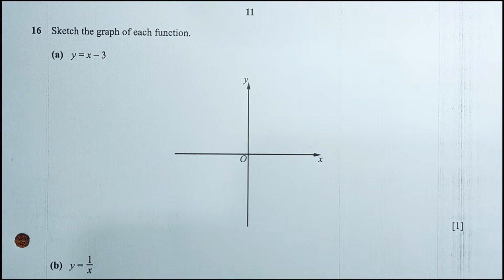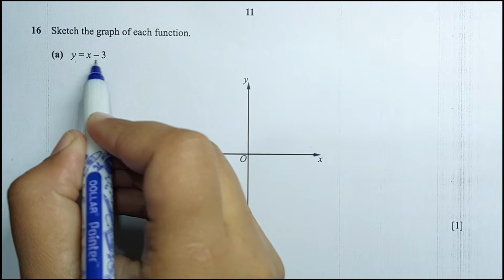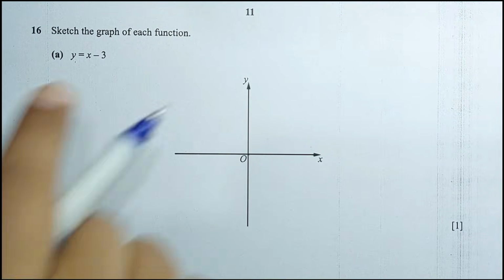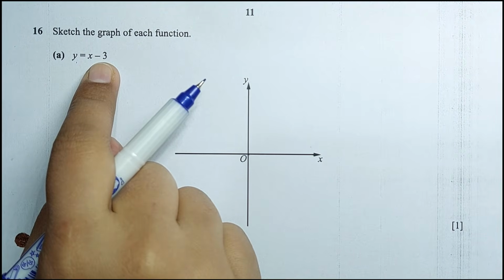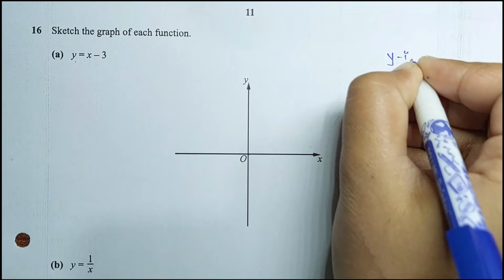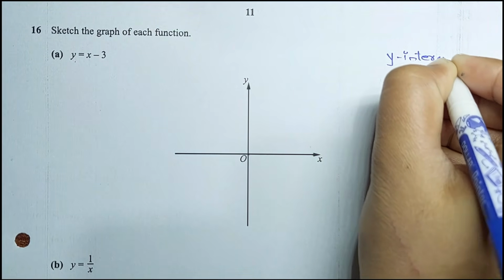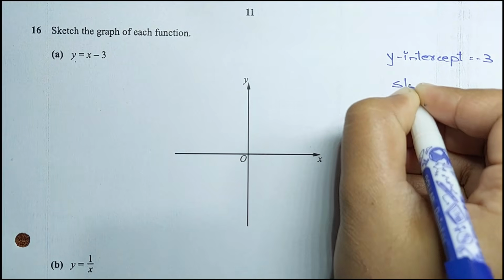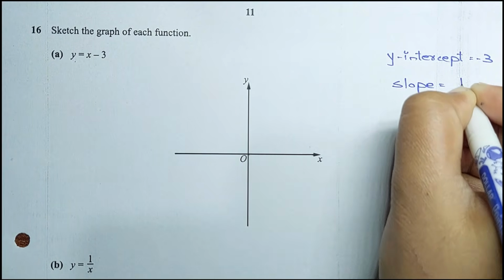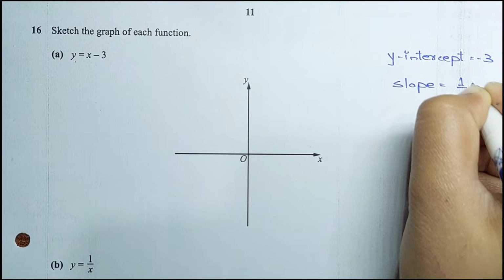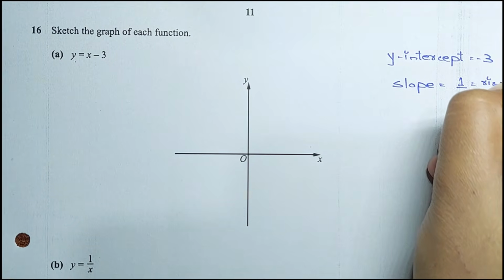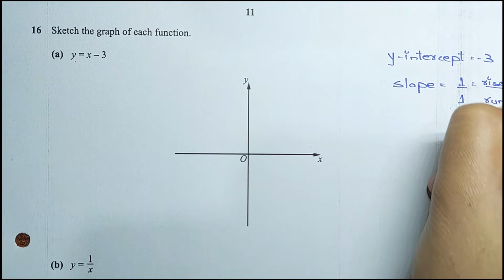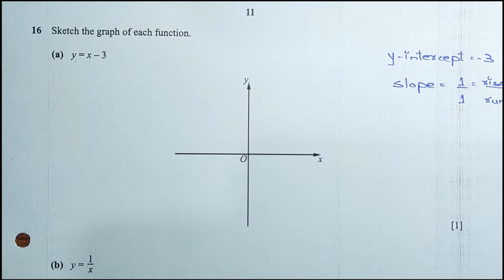Question number 16. Sketch the graph of the function, part a, y equals x minus 3. So the gradient y-intercept is negative 3 and the slope is 1. So the y-intercept is equal to negative 3 and the slope is 1 over 1, rise over run. Rise is 1 unit and the run is also 1 unit. All right, so let's do this.